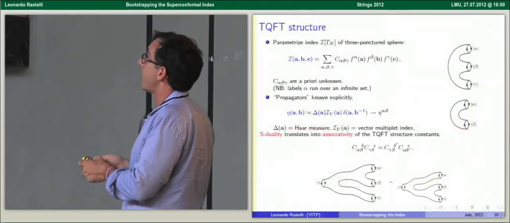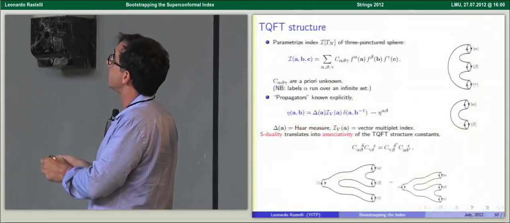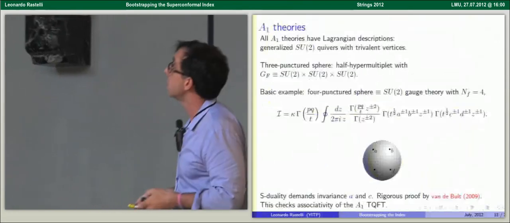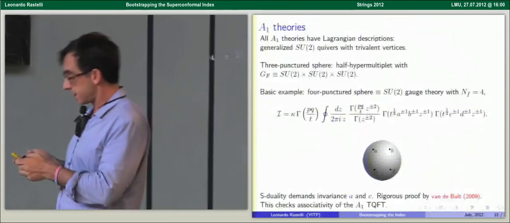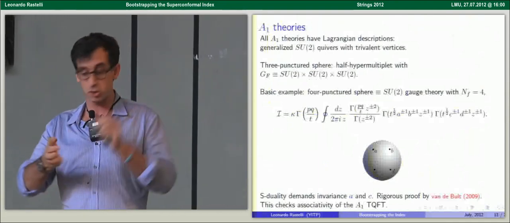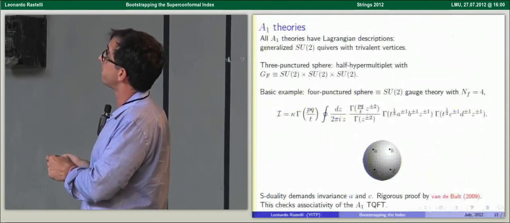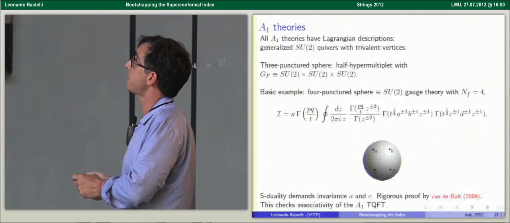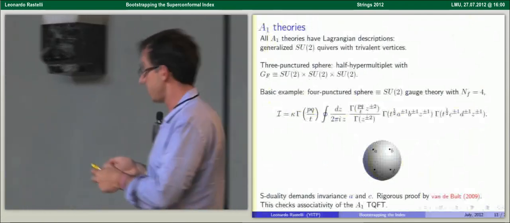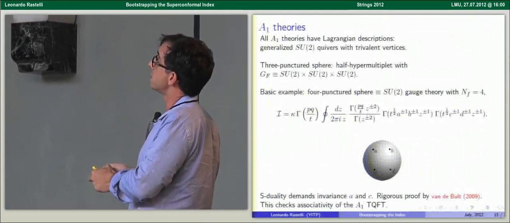So what we can do, we can parameterize the index of one of these unknown theories in the generic case, and we expect to get S-duality. Now, in the rank 1 case for SU(2), when the cylinders are associated to gauging of SU(2), we are in better shape because all those theories have perfectly explicit Lagrangian descriptions where the basic building block, the vertex, which is the three-puncture sphere, is nothing but a hypermultiplet with SU(2) cubed symmetry.